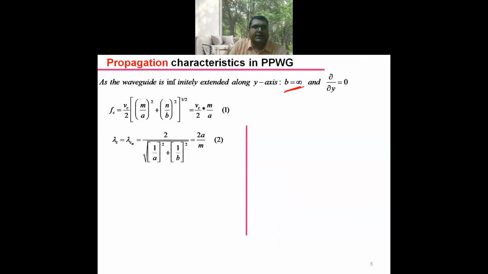If the value of b is equal to infinity, we get Vc by 2 times m by a as the cutoff frequency for the parallel plane waveguide. The cutoff wavelength is equal to 2 by the square root of (m by a) square plus (n by b) square. By substituting b equal to infinity, we get the cutoff wavelength for the parallel plane waveguide as 2a by m.